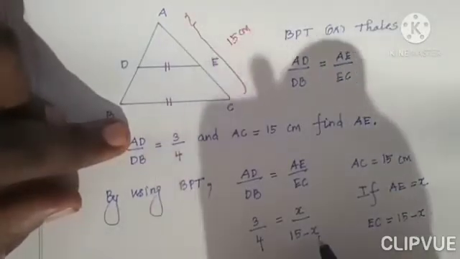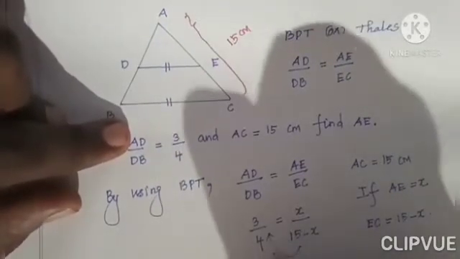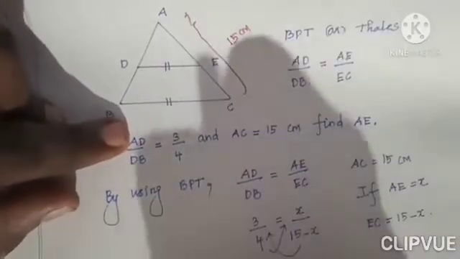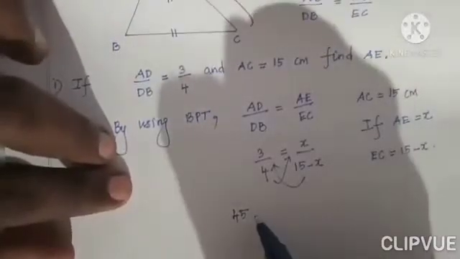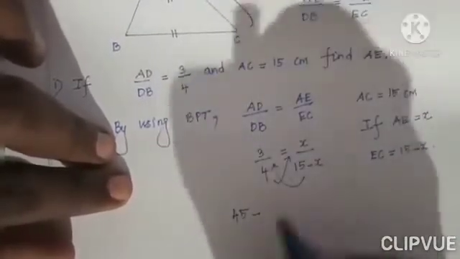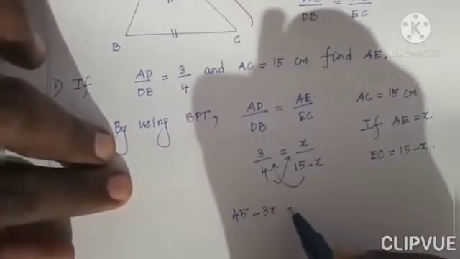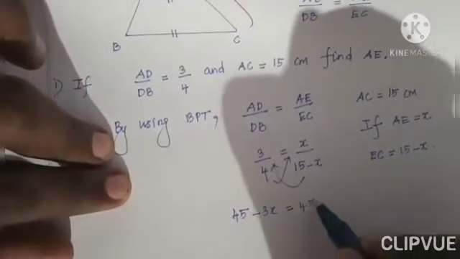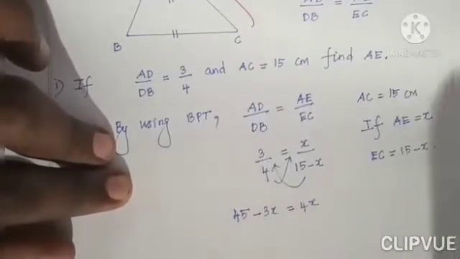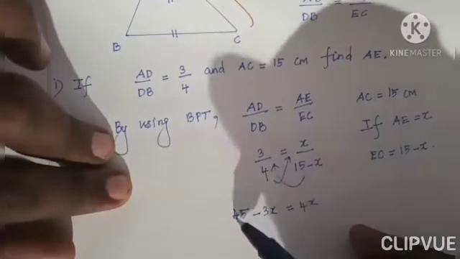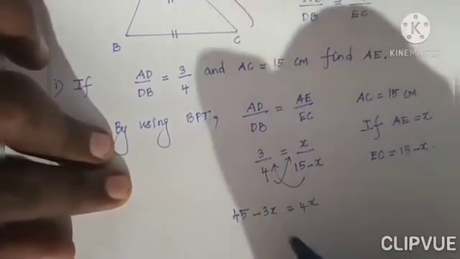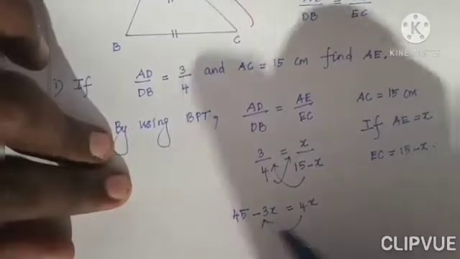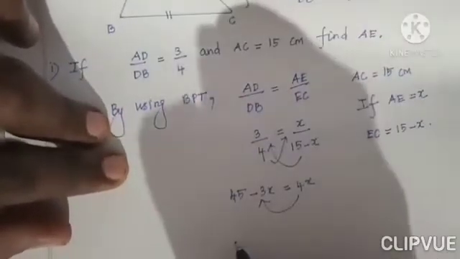So cross product: 15 into 3, 45, minus 3 into X, 3X, is equal to 4X. I hope you understand. If you bring this to the left hand side, what do we get?